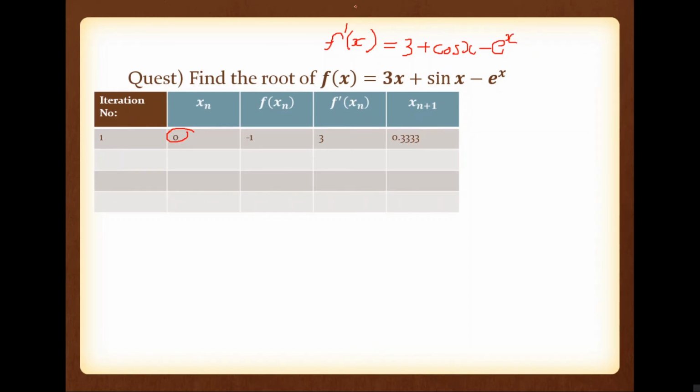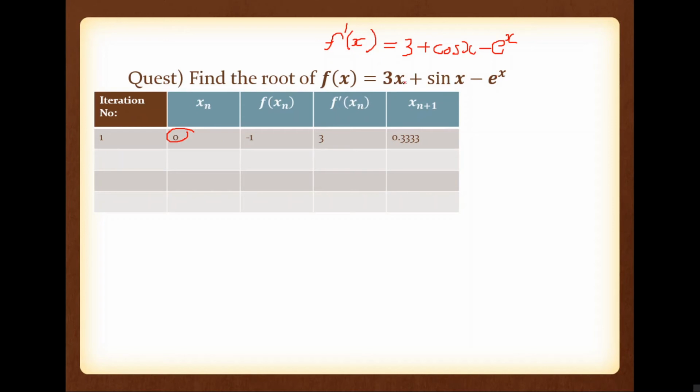So by using a calculator, find the value. What is the value of f of x? Is it minus 1? We are using 0. Xn is equal to 0, means substitute 0 into f of x for finding the f of x value. Similarly, substitute 0 into f dash of x. If you are substituting 0, this is 3, sin x is 0, e raised to x is 1.